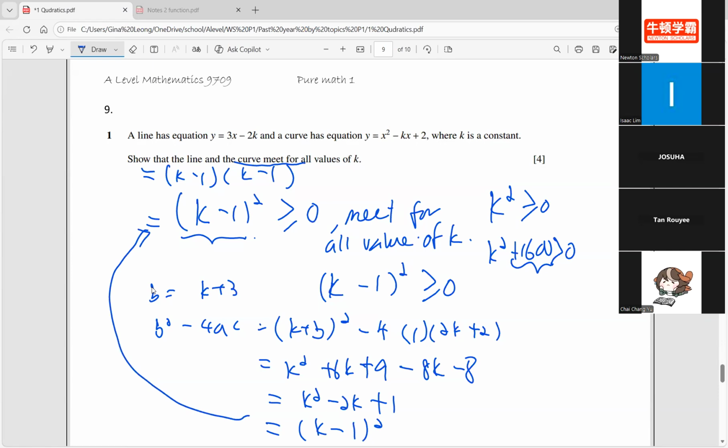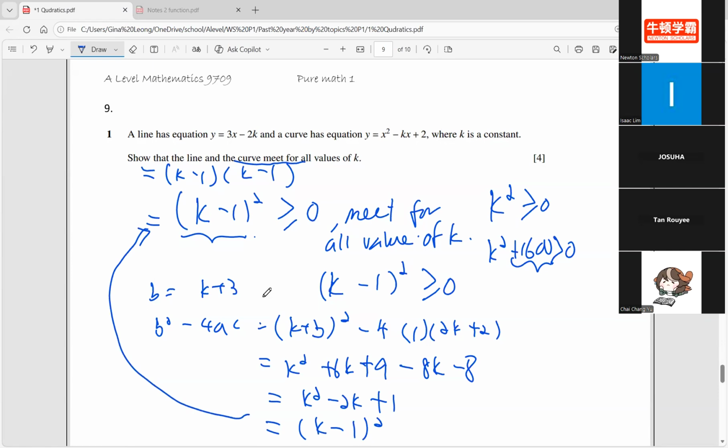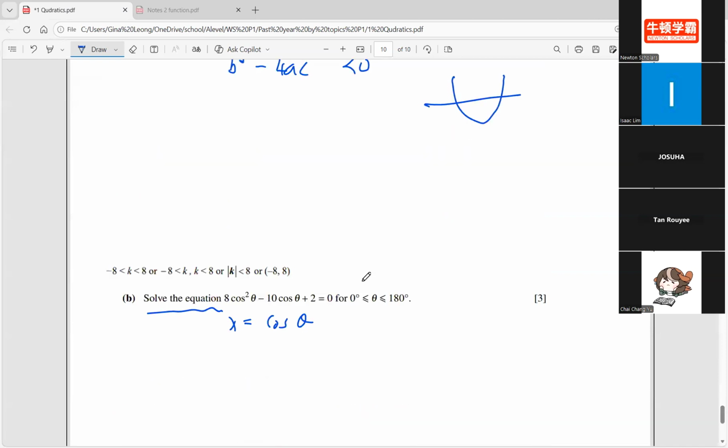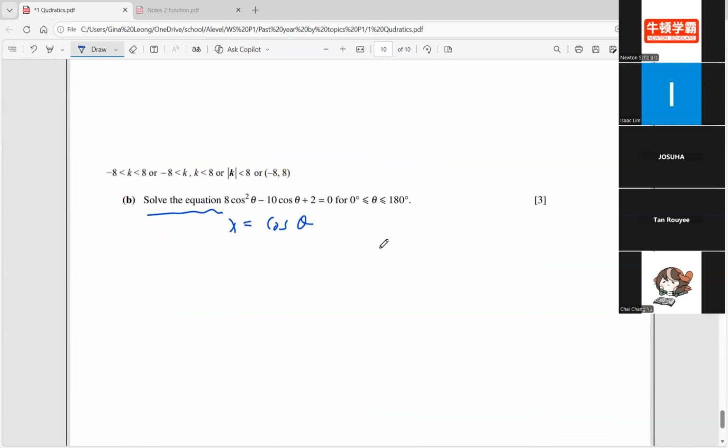Oh, part B is the same thing. But let me see this first. Okay, Rui, your one is also correct. Joshua, your part A is correct. Your part B, now we already have your A, right?